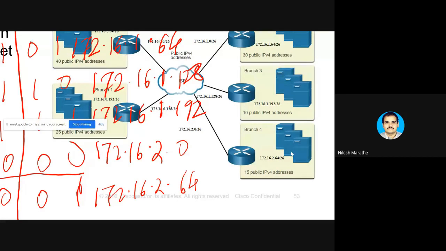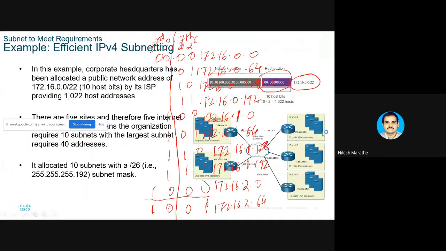But are these equal in size? How many hosts are present in each block?